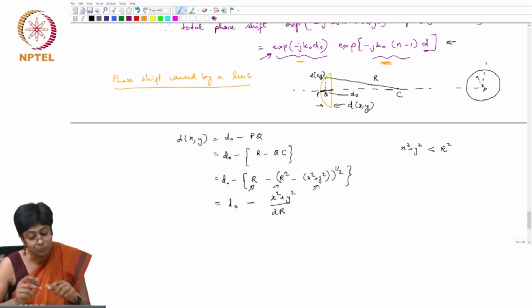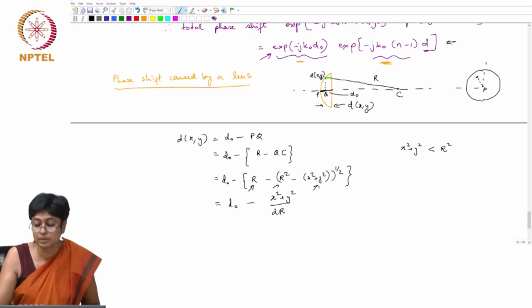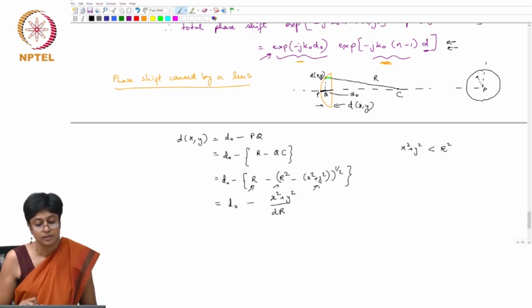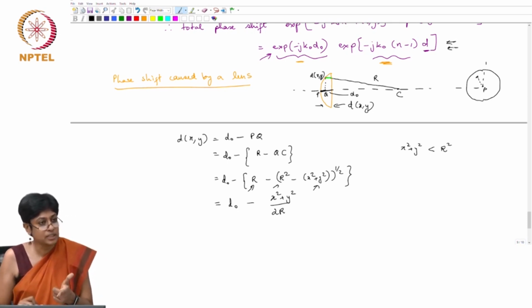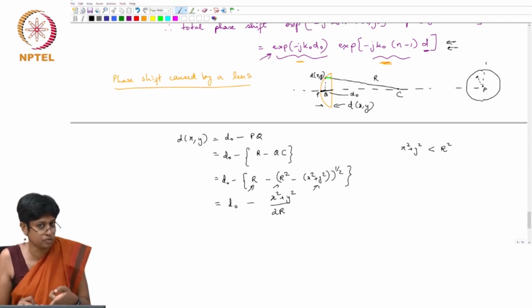Now I can put this into this expression over here. What was that expression? That was the transmittance of a glass plate whose thickness varied according to that d, small d. And now I'm doing exactly the same thing, except I'm saying the thickness variation has this particular form.